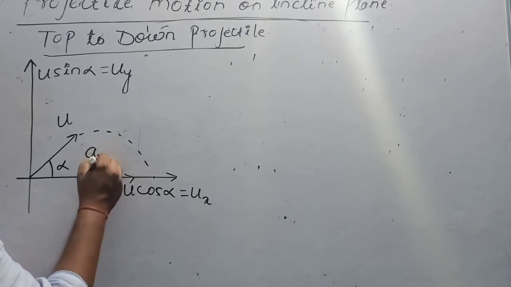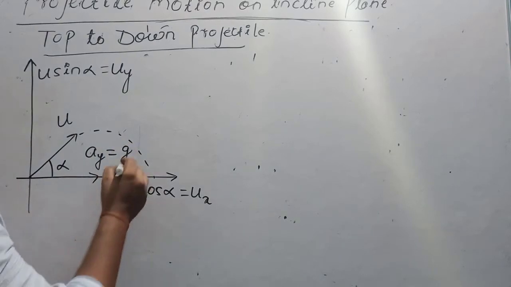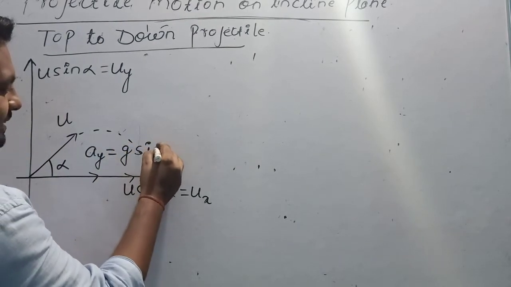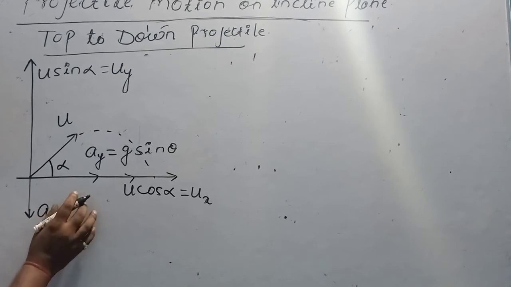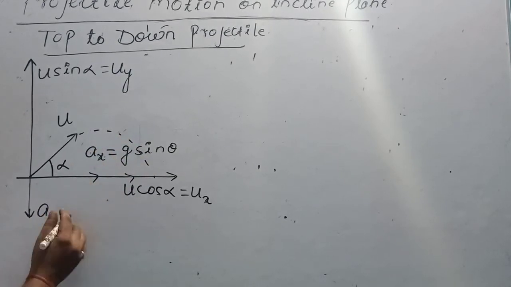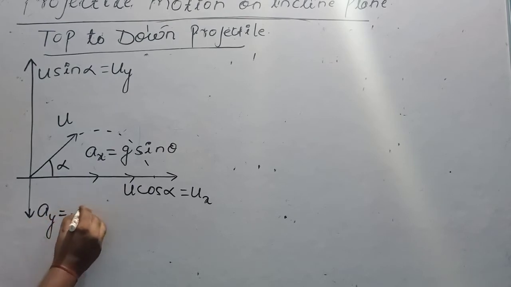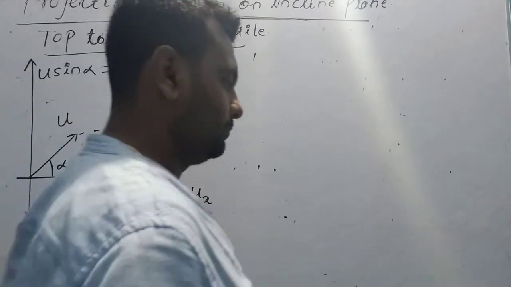Acceleration due to gravity x component is g sin theta, and in this direction acceleration due to gravity y component is minus g cos theta. Okay.